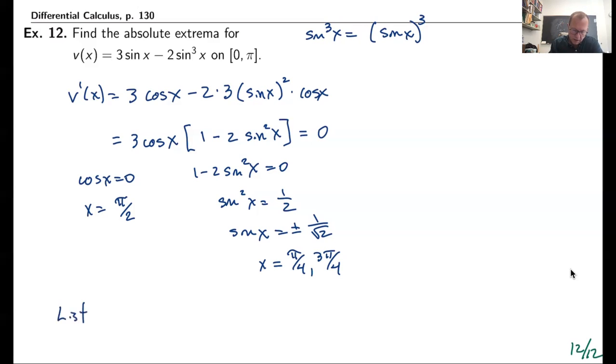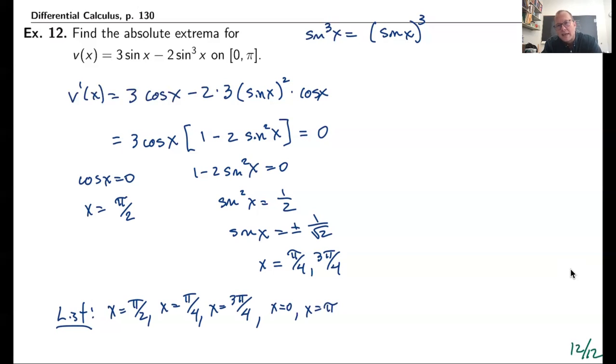So I formulate my list. x equals pi over 2, x equals pi over 4, x equals 3 pi over 4, and then x equals 0 and x equals pi, because the endpoints can end up having maximums or minimums on them.